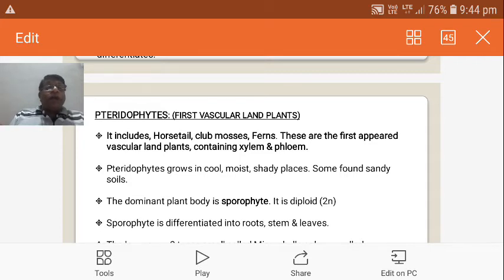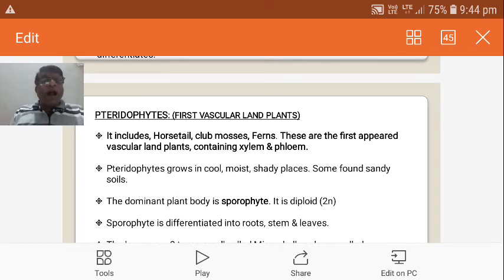These are the first appeared vascular land plants containing xylem and phloem. So what is the meaning of this sentence? The plant body contains vascular tissues, namely the xylem and phloem.